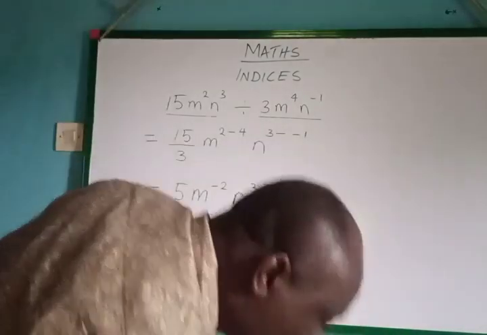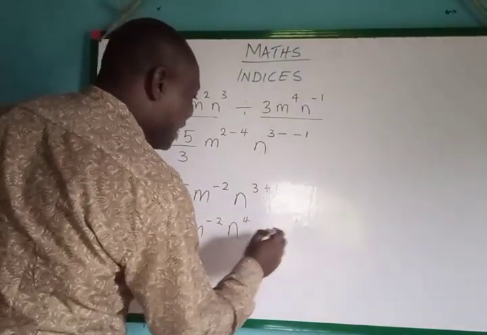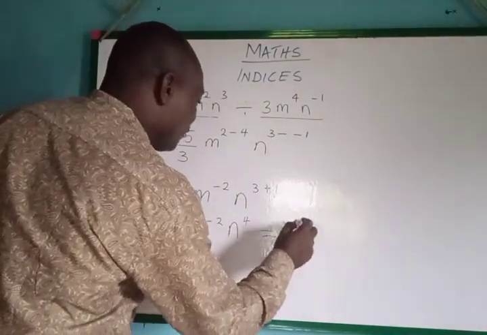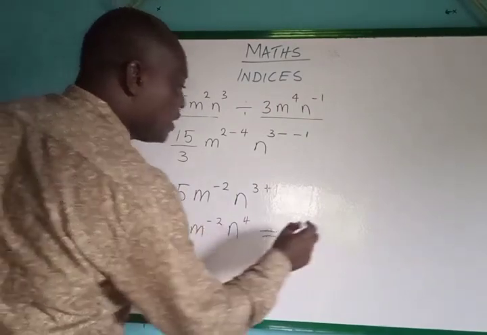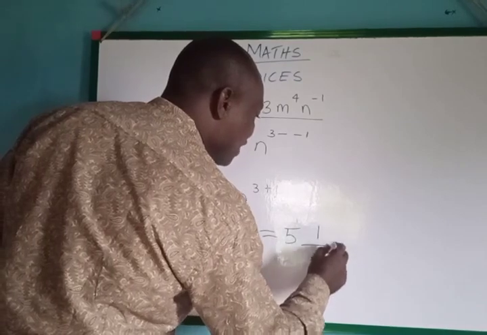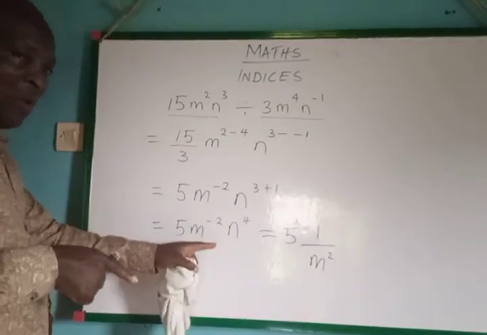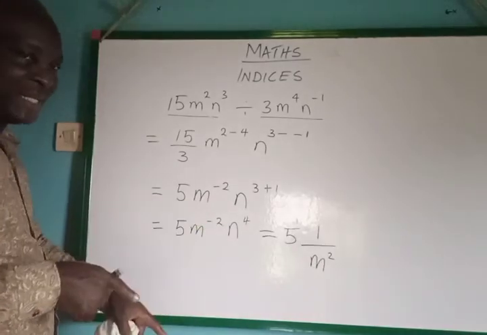Let me make that one simple for you to understand. What I'm saying is this. I will write this again as 5 m raised to the power minus 2 is what? 1 all over m raised to the power 2. We have discussed this when we were treating negative powers or negative indices.